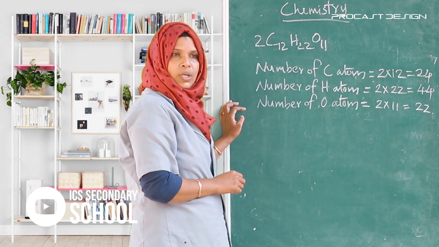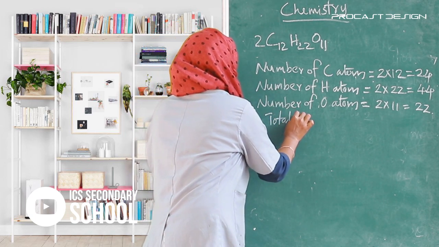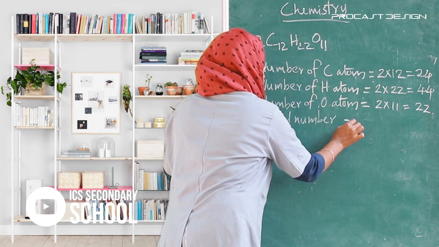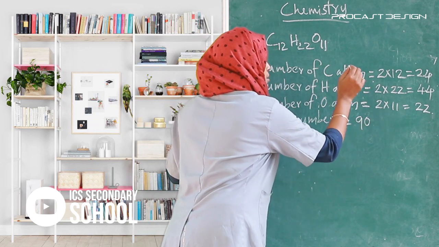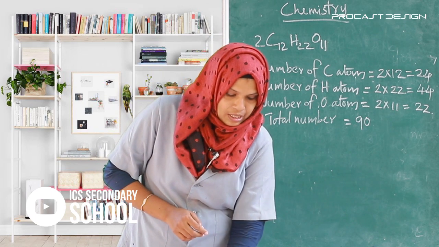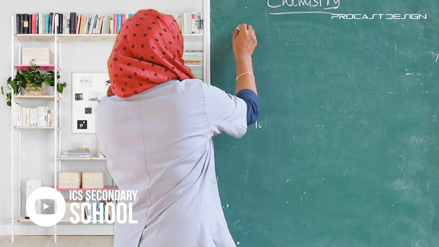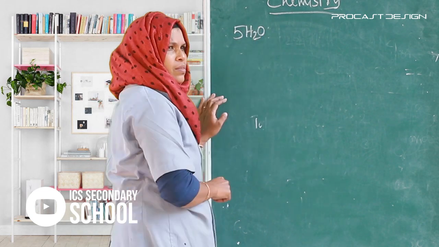Then find out the total number. Equal to 90. Next question is, find out the total number of atoms in 5H2O.